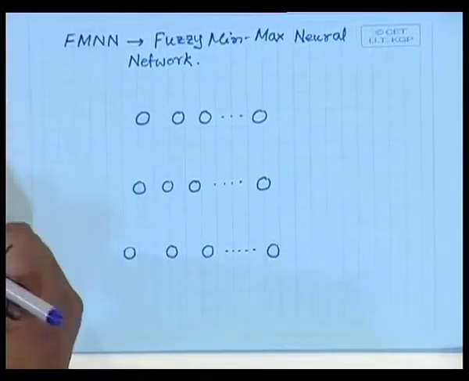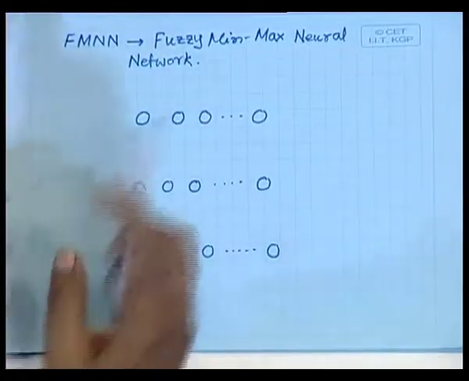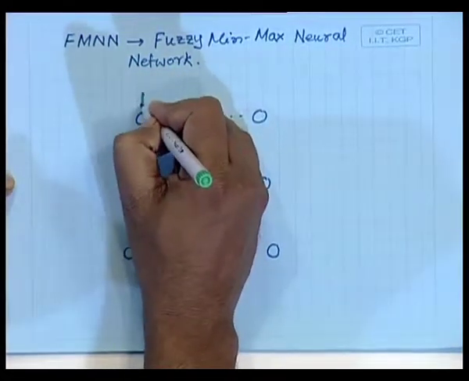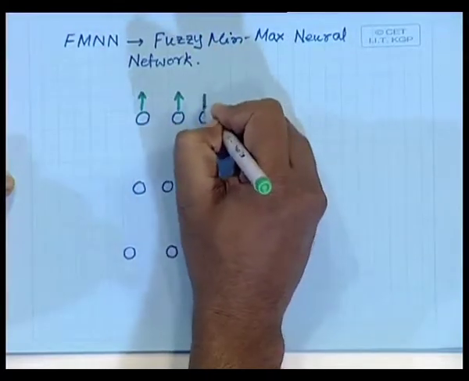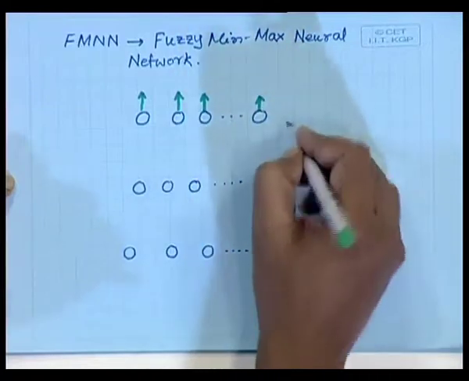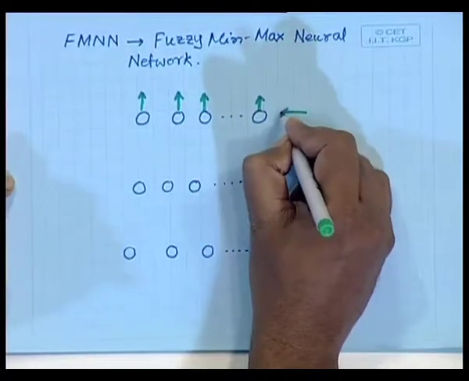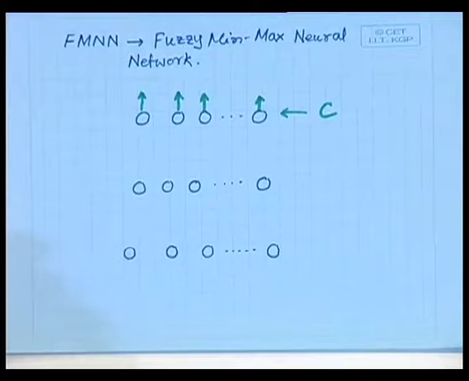Now, the number of nodes in the output layer is the same as the number of classes that we have. So, if I have C number of classes, there are C number of nodes in the output layer.